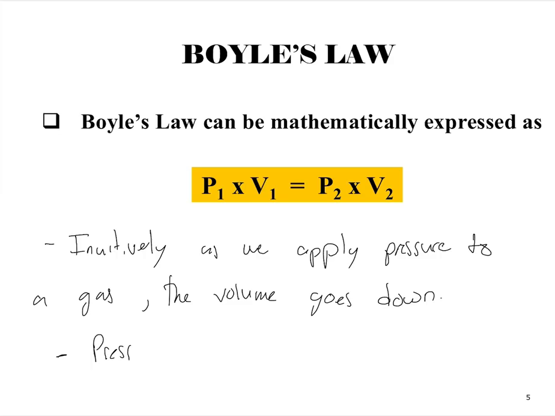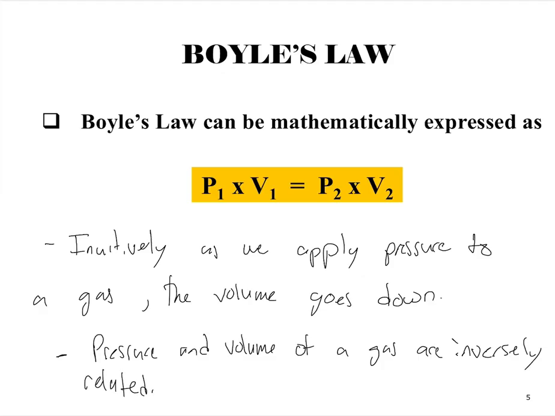Directly, inversely, logarithmically, quadratically? How would you describe that? Inversely. As one goes up, the other goes down. So pressure and volume of a gas are inversely related.